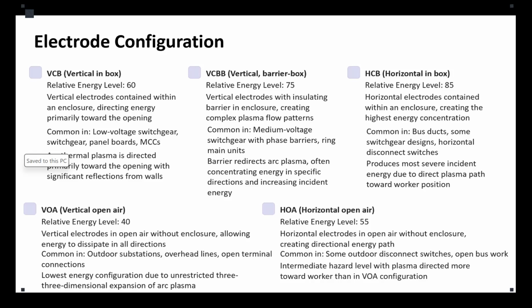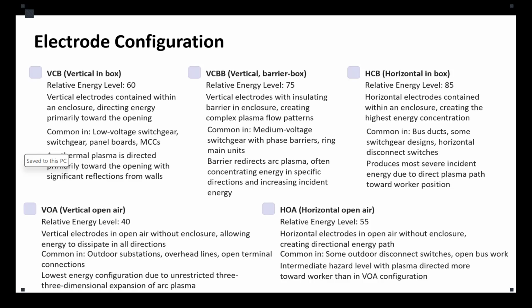Now, electrode configuration refers to the orientation and spatial arrangement of the conductors within the equipment enclosure. Okay, basically it defines how the arc plasma expands, how much of the energy is directed toward the workers, and how it interacts with enclosure walls.